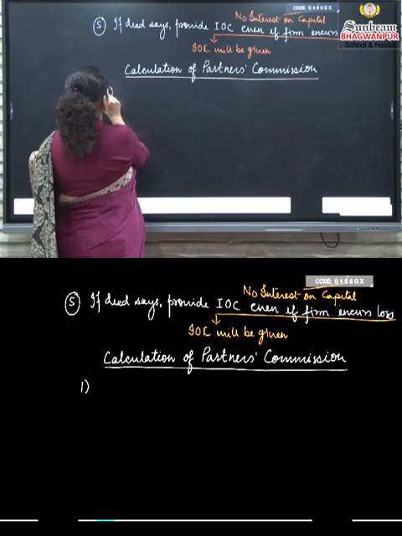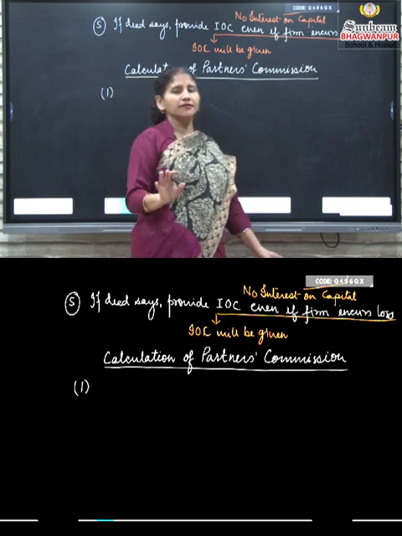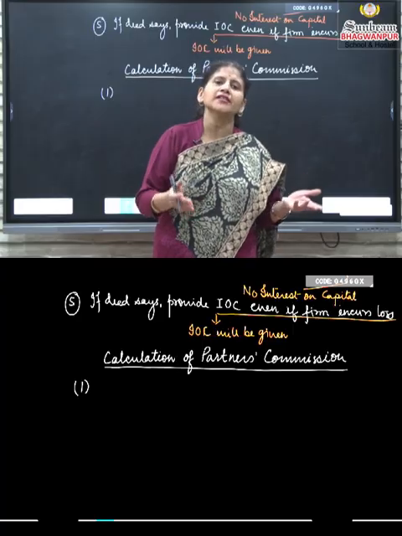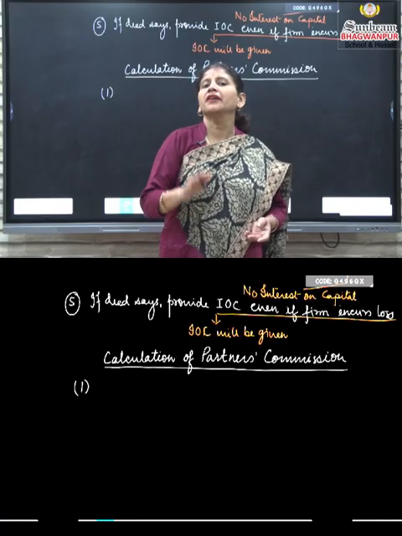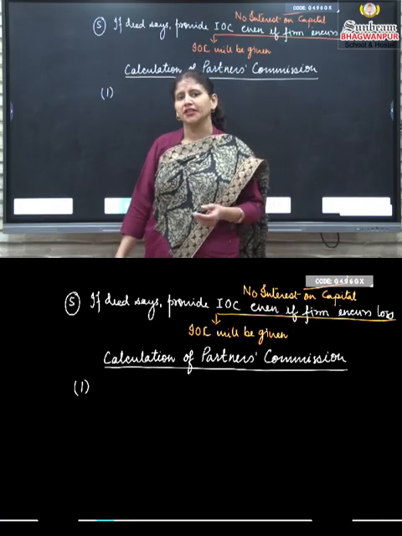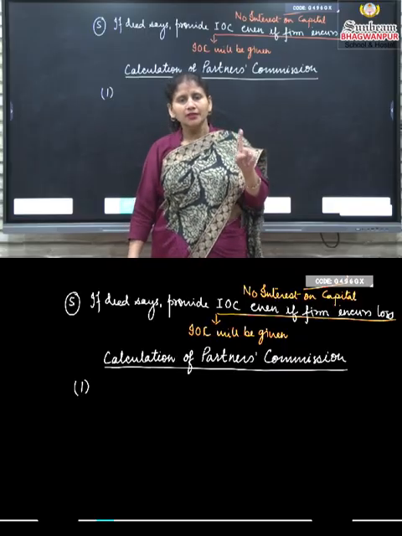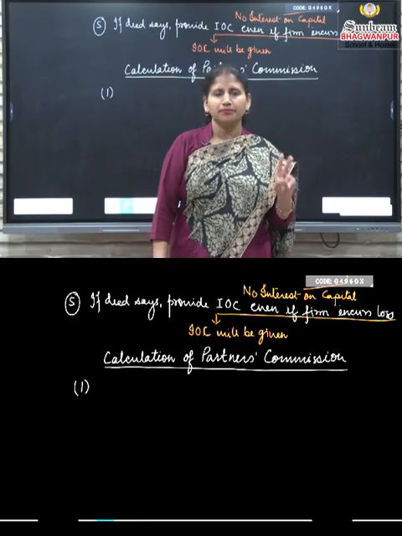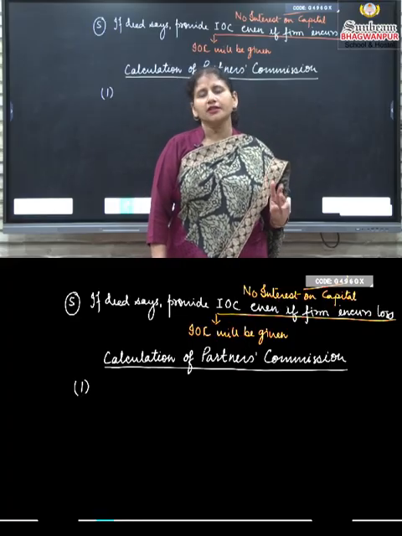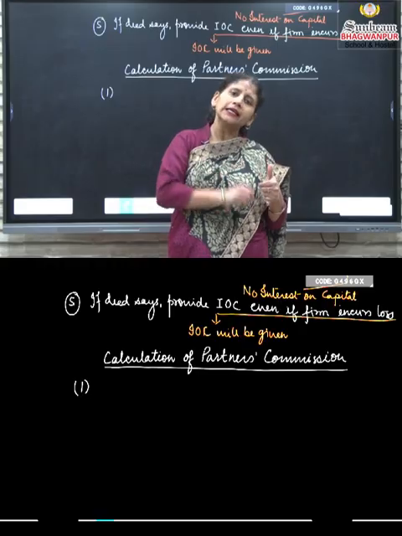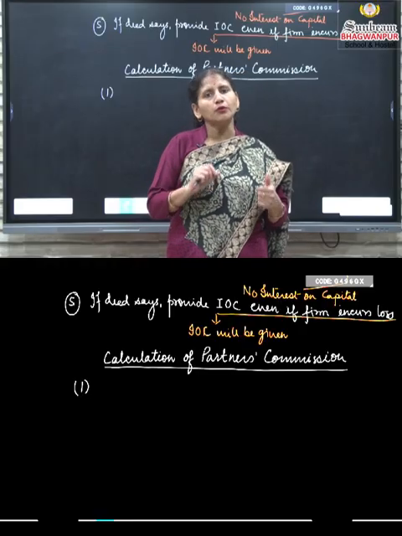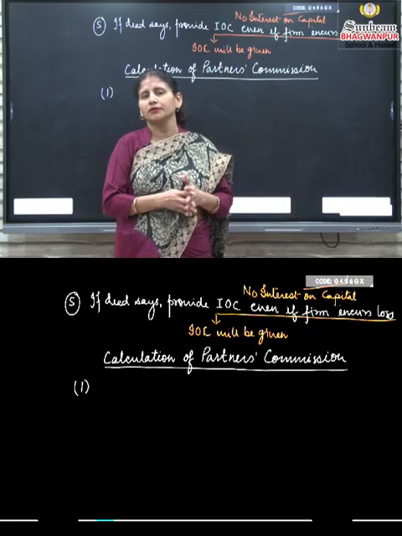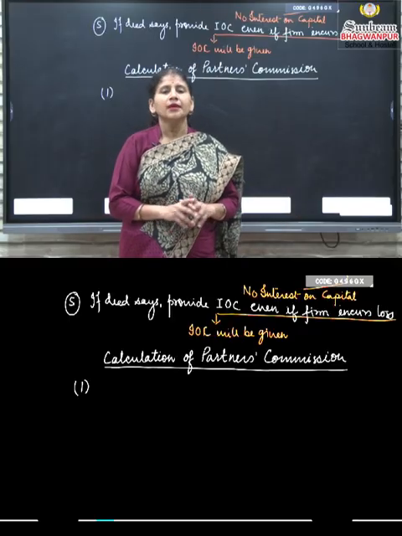The very first case is the manager's commission, which we have already studied. There were two ways to calculate manager commission: before charging and after charging. Before charging means we directly calculate the commission on net profit at the given rate.